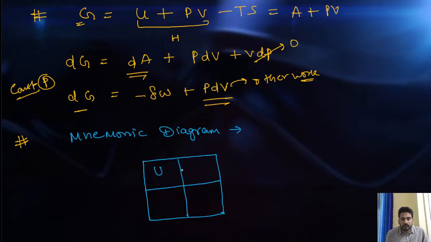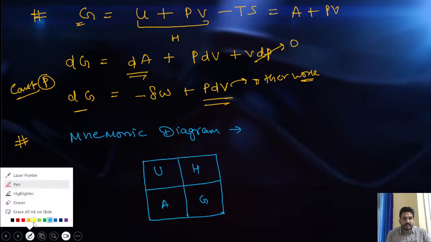This is U, this is your H, this is your A, and this is your G. See, A and G are the free energies. U and H are different types of energy, internal energy and enthalpy, right? The diagram is something like that.